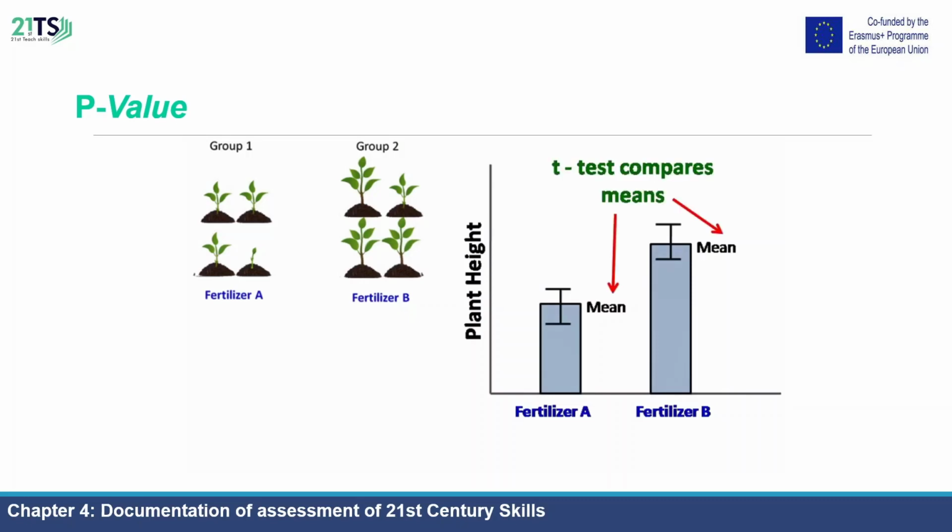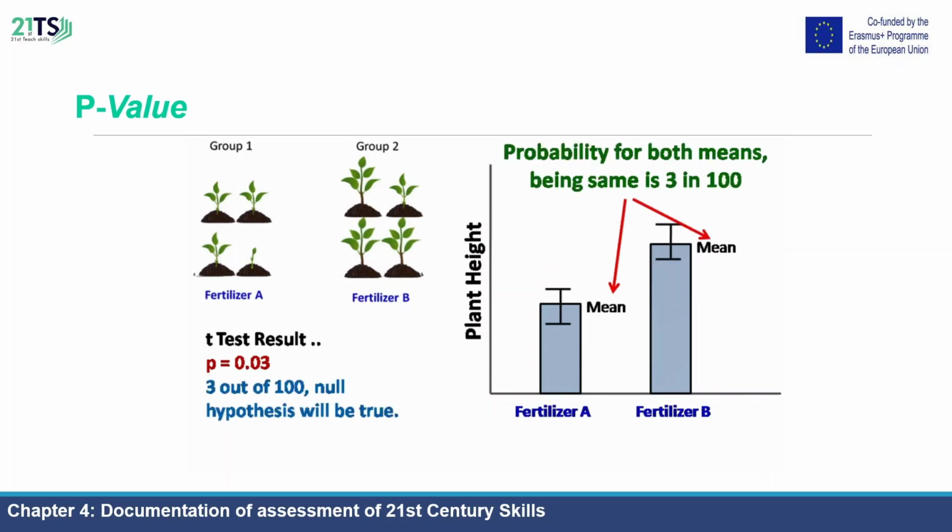Now the t-test is going to compare the two means. Let's say the p-value for this test is 0.03. This means if I repeat this experiment 100 times, only 3 out of 100, the null hypothesis is going to be true.